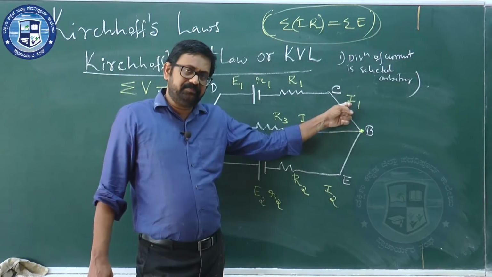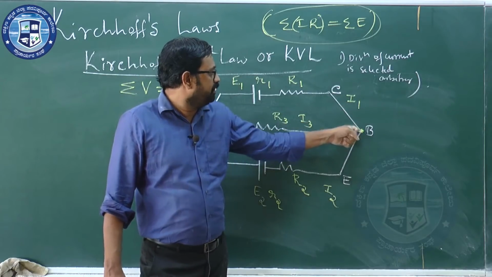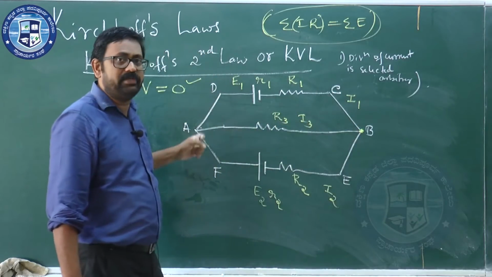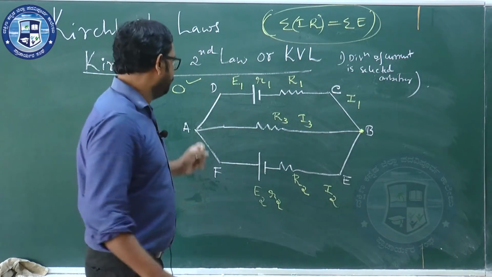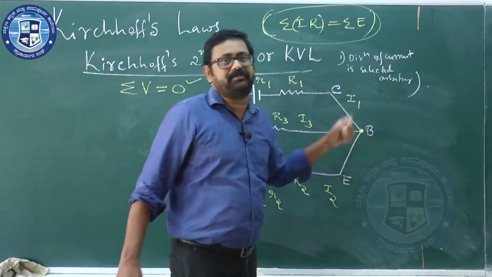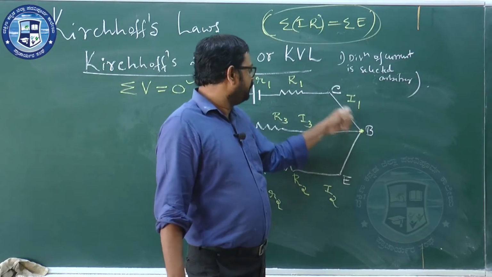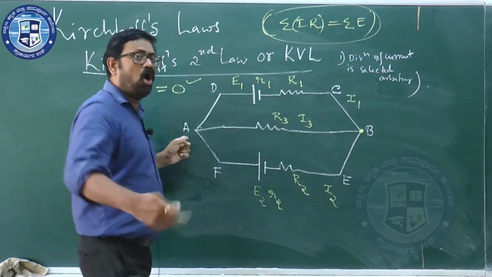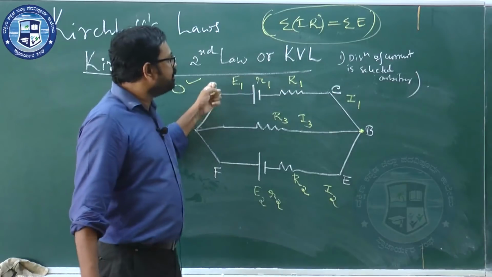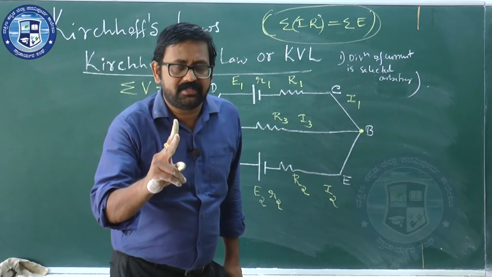Coming to this I1, what are the possible directions of I1? It is from B to C, C to D, D to A, or it is from A to D, D to C, C to B. Direction of I1, I said it can be from B to C, C to D, D to A, or from A to D, D to C, C to B. 2 options are there for that current.